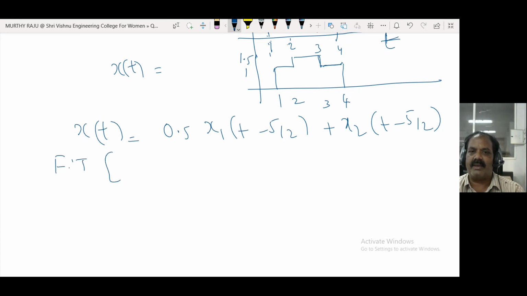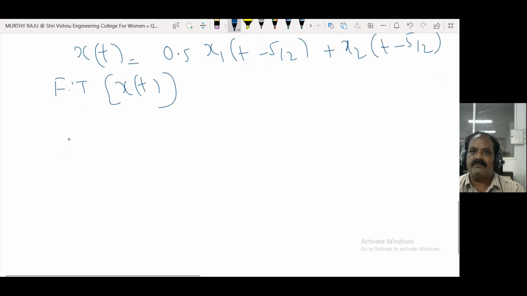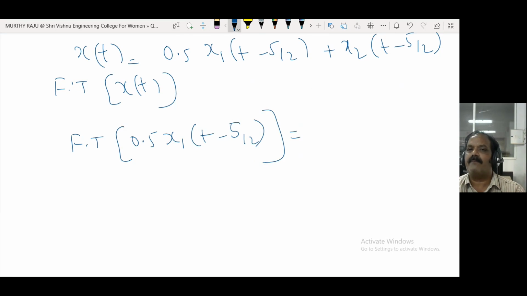Fourier transform of x of t. First, to find the Fourier transform of 0.5 x1 of t minus pi by 2, that is 1 by 2 times the Fourier transform of x1 of t minus pi by 2.